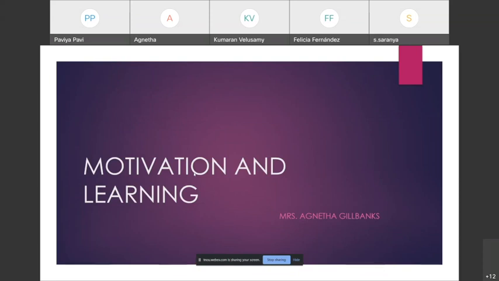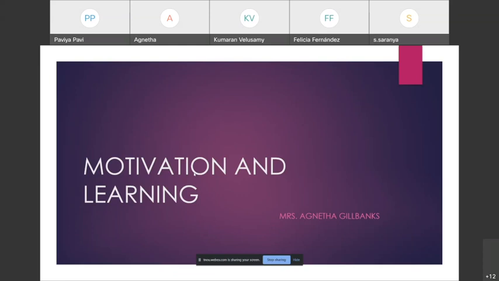We'll be focusing especially on Maslow's theory, which is a very famous theory in psychology. It's called the hierarchy of needs. We have a few other theories as well, but the main focus is going to be on Maslow's hierarchy of needs.